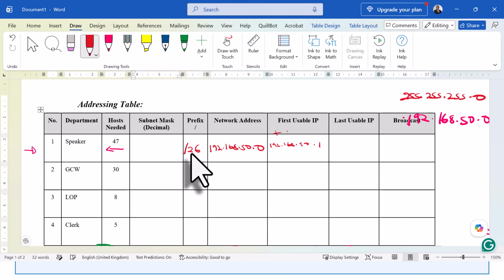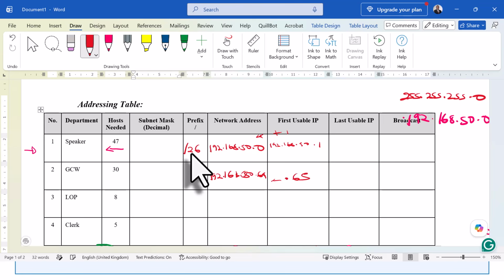We just add 1 to our network address. And then, because we have a space of 64 addresses, our next will be an addition of 64 addresses from that. So it will be .50.64. 64 is our next one. So the first usable here will be, guess what? .65. We shall just add 1 onto this.